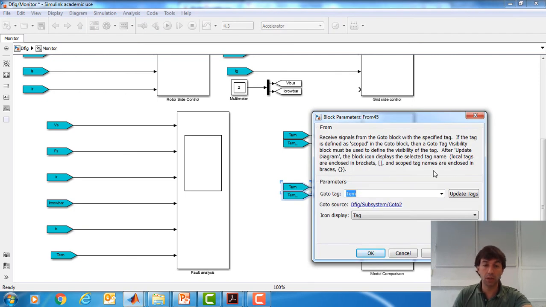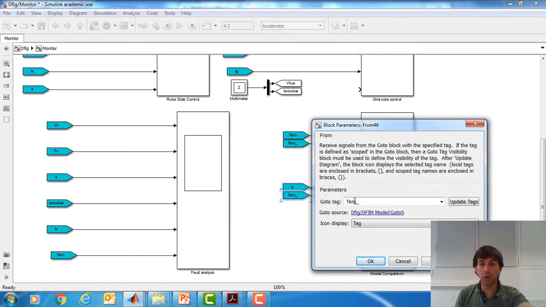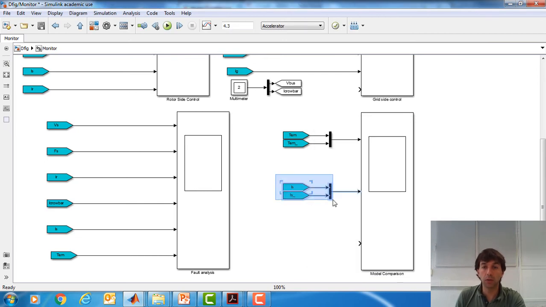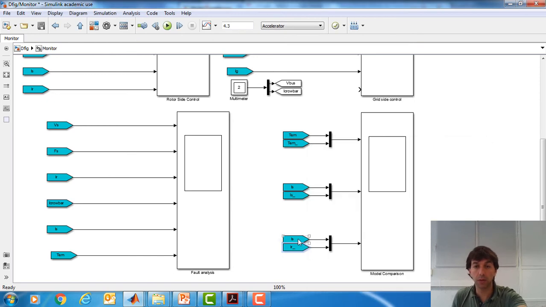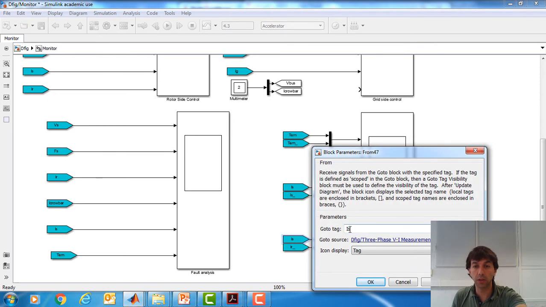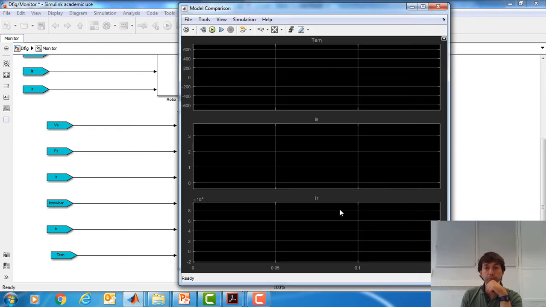This is going to be stator current, and this is going to be our model stator current. Okay, and the same for the rotor. This is IR, and this is going to be IR. Okay, so we will compare them.